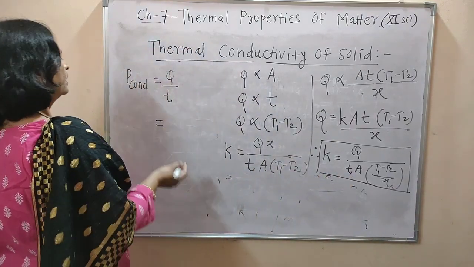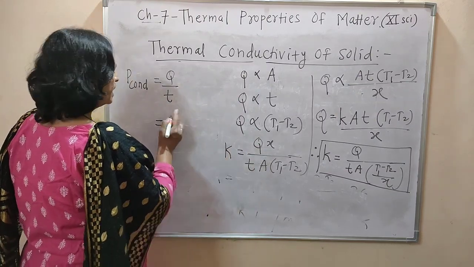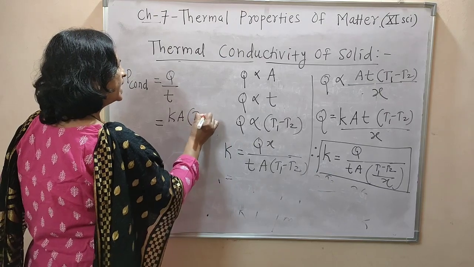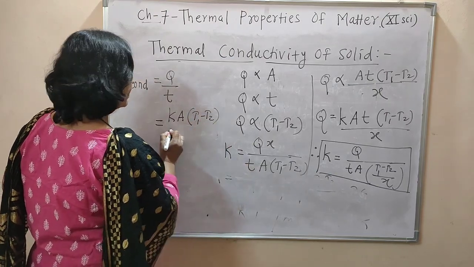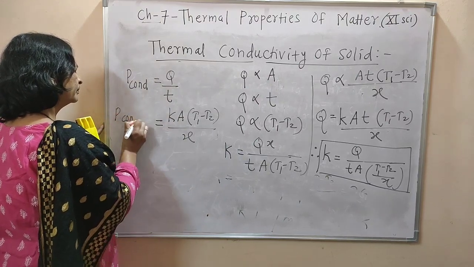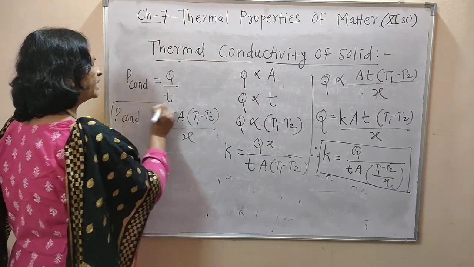And therefore Q by t is nothing but K A (T1 minus T2) divided by x. This is the derivation for P conduction.